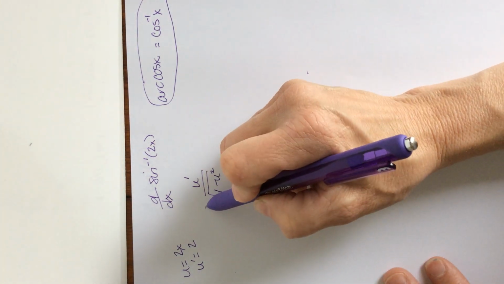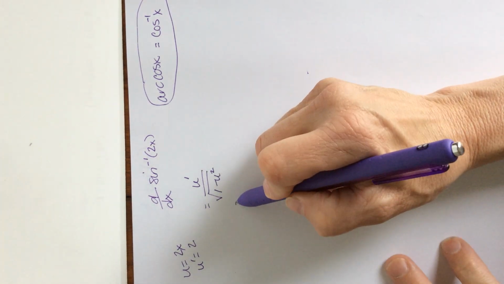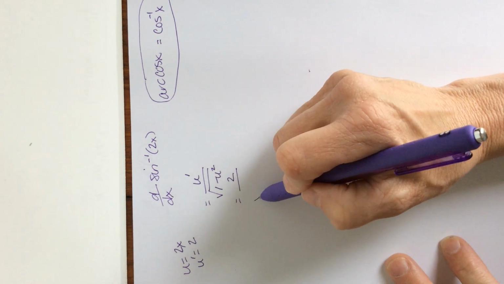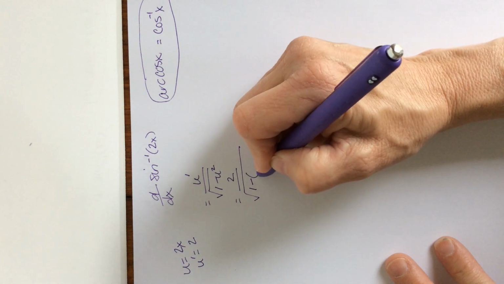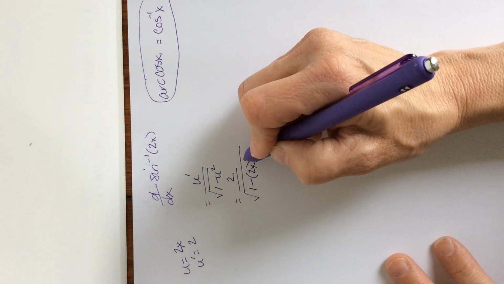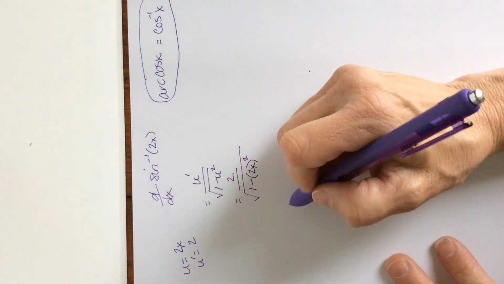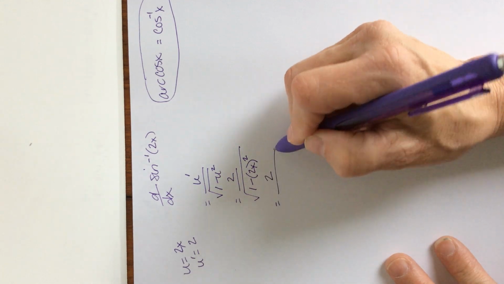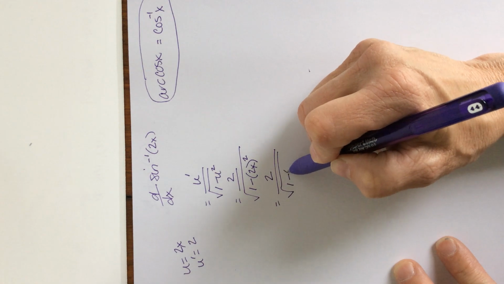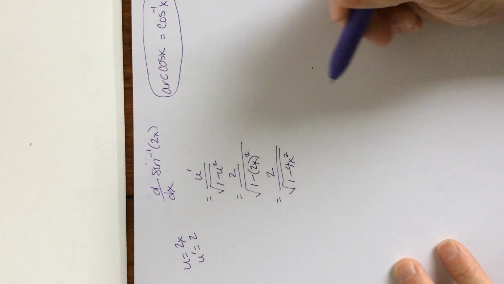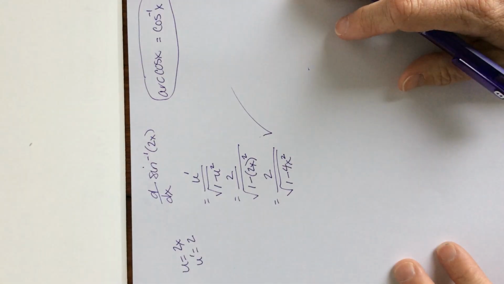So the derivative then will be 2 over the square root of 1 minus, my u is 2x, and I have to square the u. And so that really just turns out to be 2 over the square root of 1 minus 4x squared. There you go.